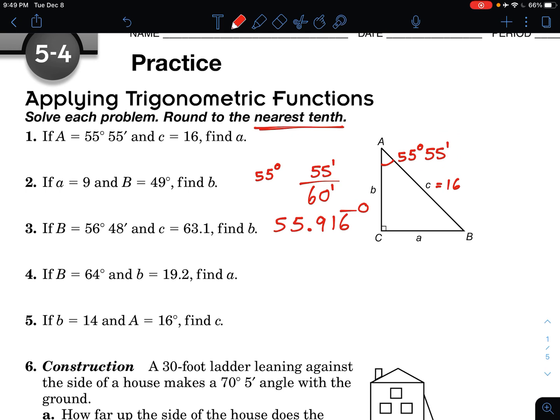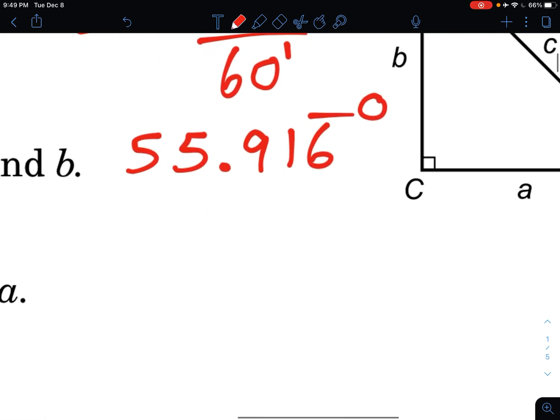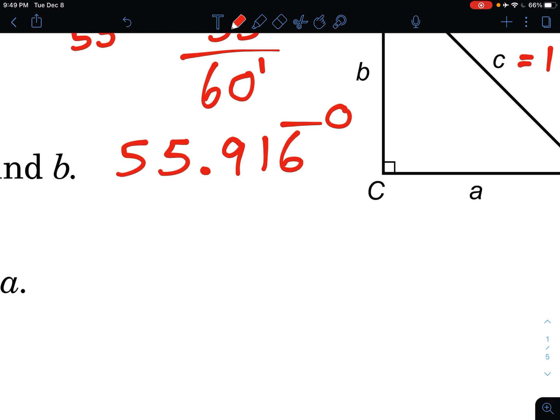So in this case, when we want the nearest tenth, the numbers you're going to be using in your problem, you need to round them a little bit further if you are going to round them at all. It's always a good thing to not round if you can avoid it. But in this case, just to make it easier on ourselves, we will round.